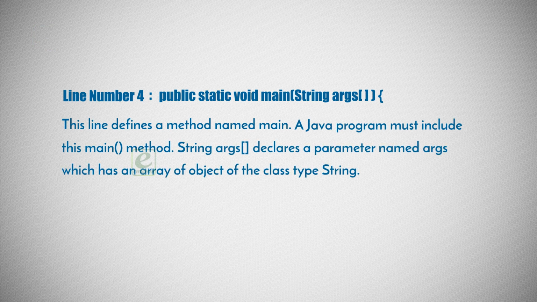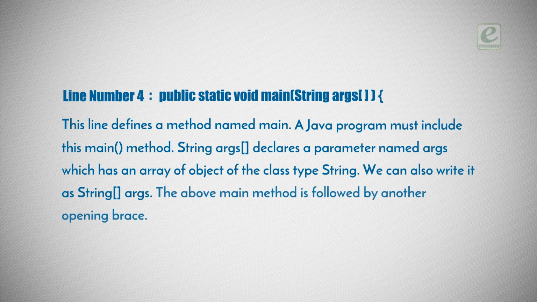String args[] declares a parameter named args, which has an array of objects of the class type String. We can also write it as String[] args. The above main method is followed by another opening brace.